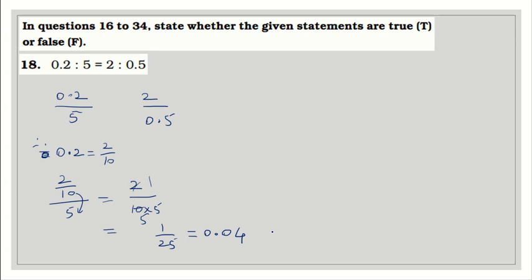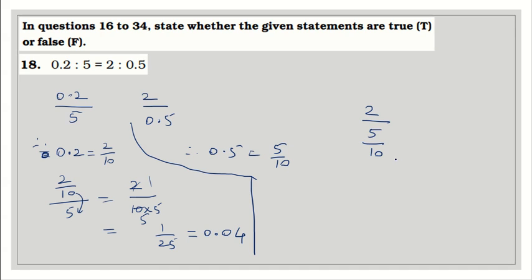Okay. Now, we will go for this one, 2 by 0.5, where 0.5 is nothing but 5 by 10. I will use 2 upon 5 by 10, or I can write this as 1 by 2 also, which means this denominator's denominator will go to the numerator.